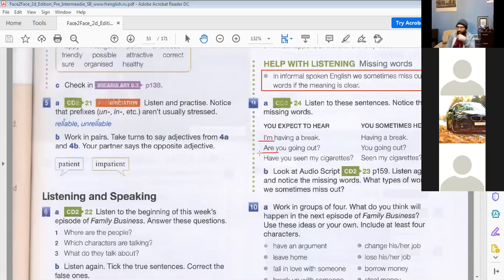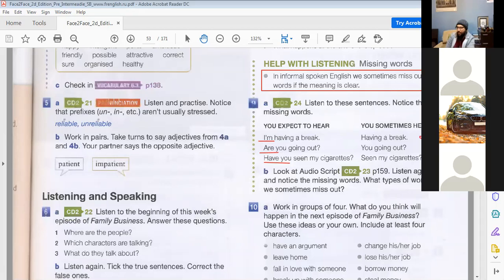It's done. You can hear it in informal spoken language. This is normal. And from a grammar point of view, of course it's not correct. You can't remove I'm. You can't remove are. You get the idea. The same thing with have you. Instead of saying have you seen my cigarettes, the person said seen my cigarettes. I want to clarify this point: in informal English, or spoken English, sometimes they do these things. The idea is, when can you do this?